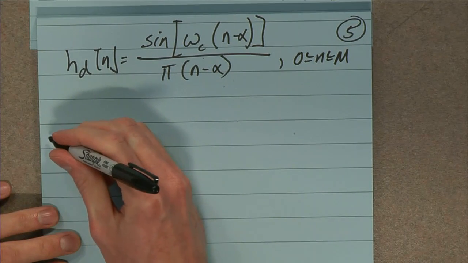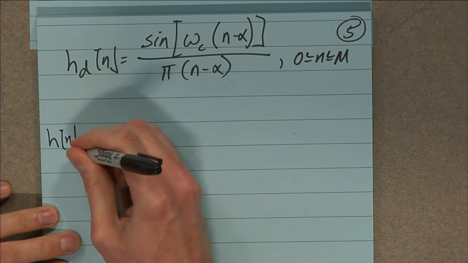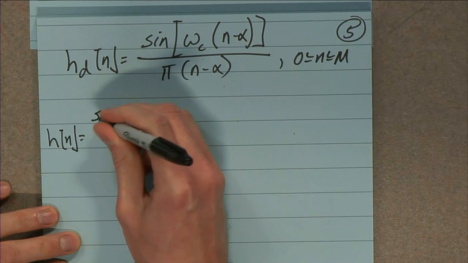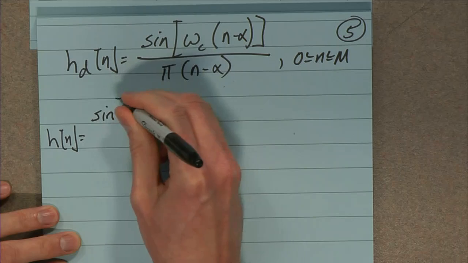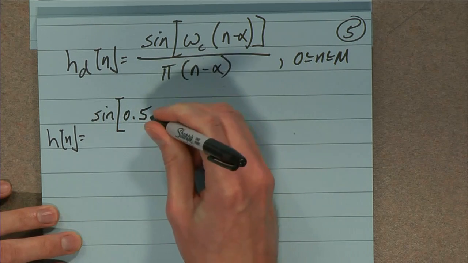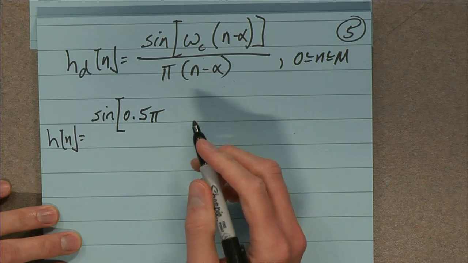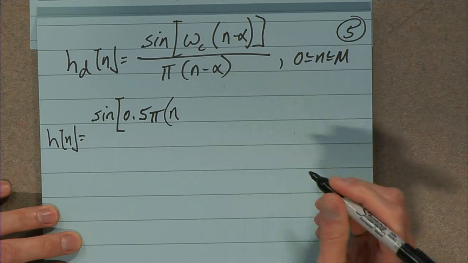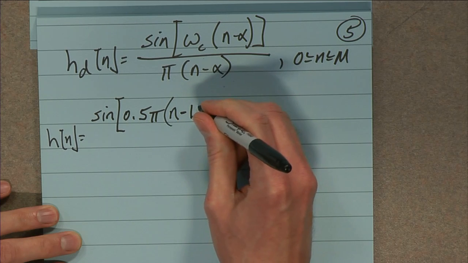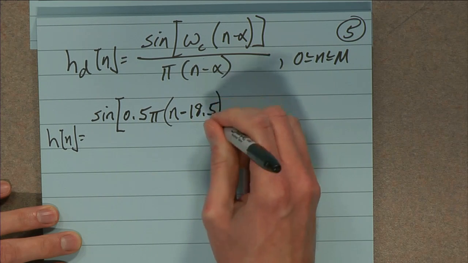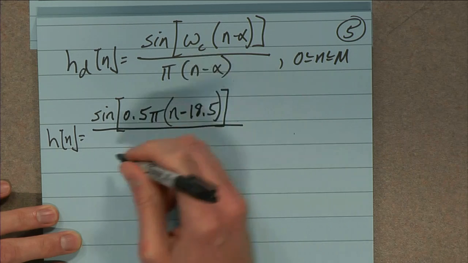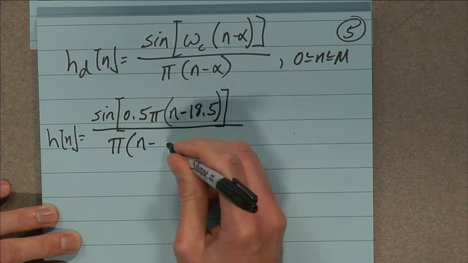And so our final answer, where omega c, remember that was the average of the stop band and pass band, which is 0.5 pi. We already defined n and alpha, and n goes between 0 and M. And alpha was that helpful 18.5, so put 18.5 in there, and the denominator is n minus 18.5.